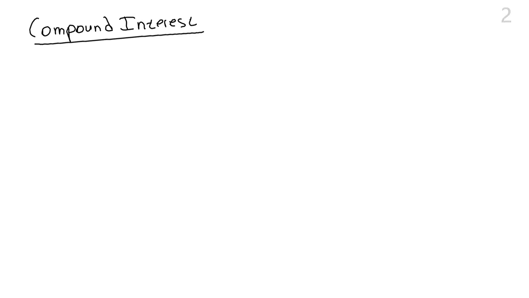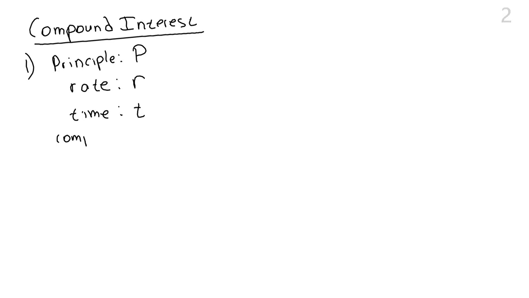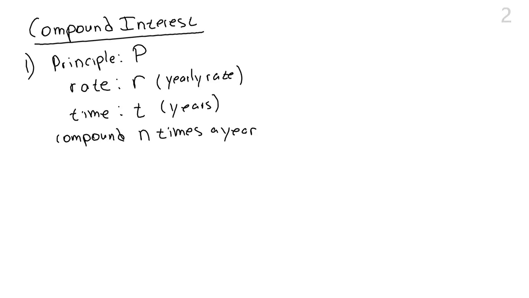The first formula is when we have a principal P, a rate R, time, usually given in years, T, and when we compound n times a year. So this is the yearly rate, and this t is most often given to us in years.